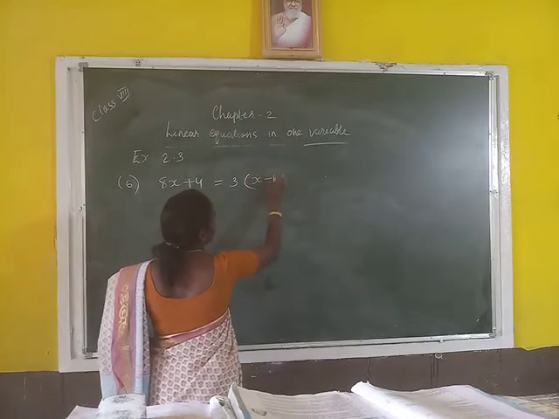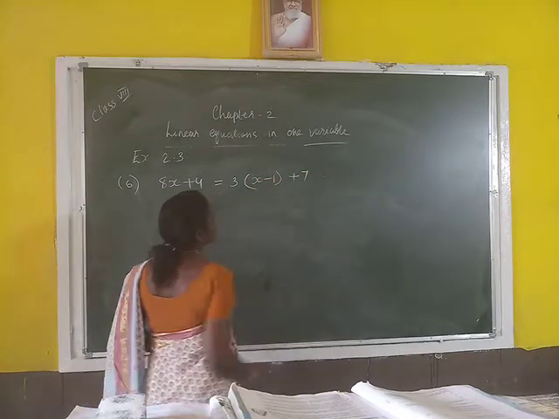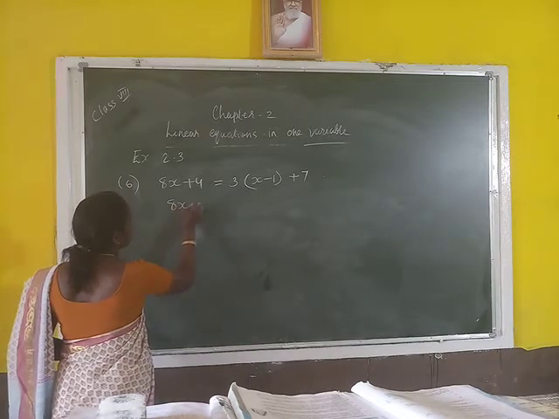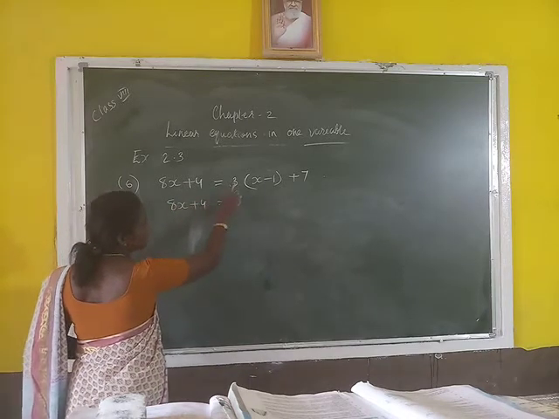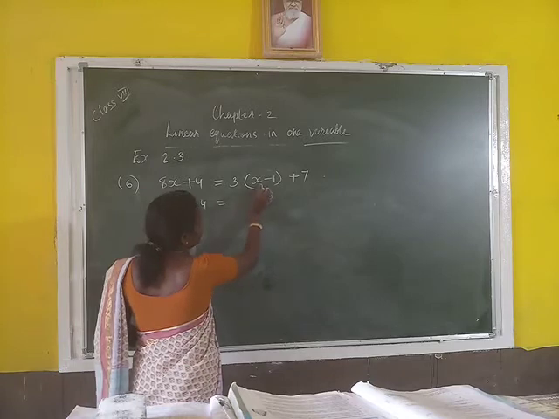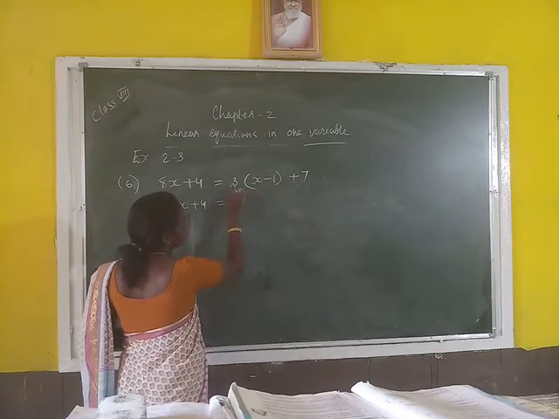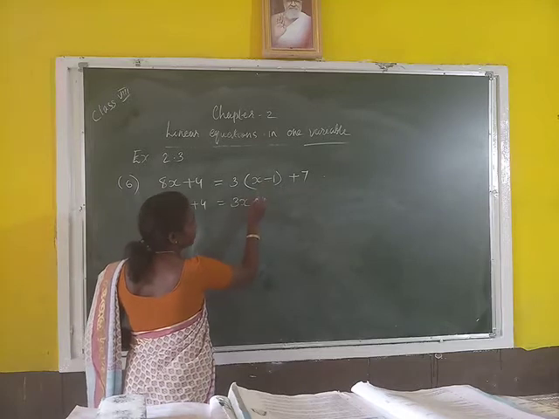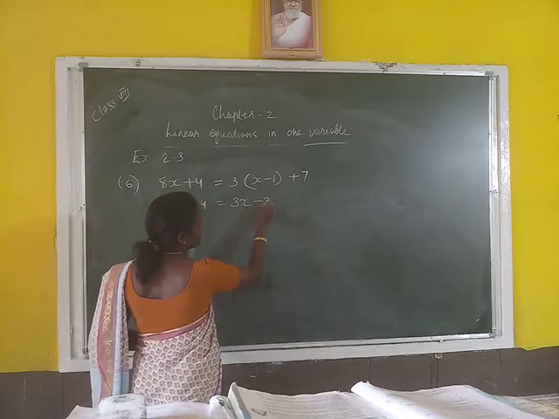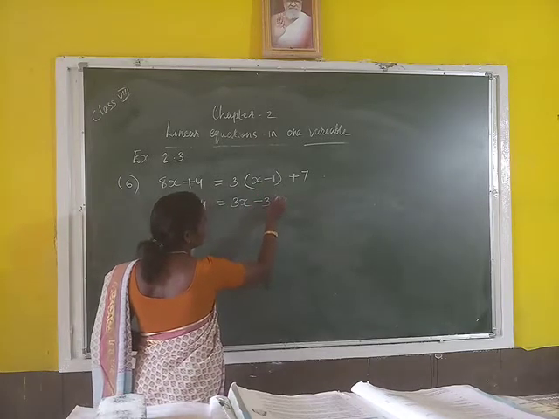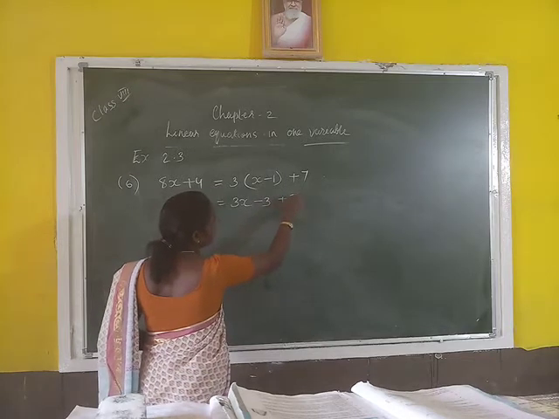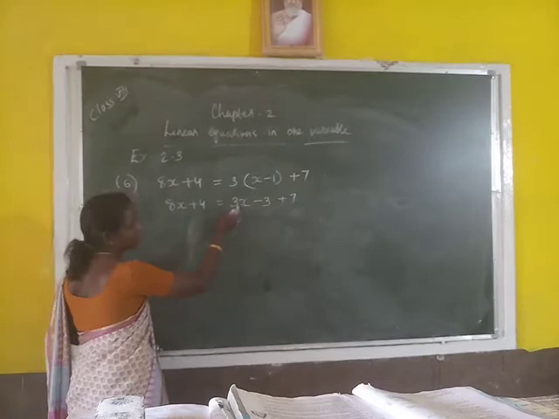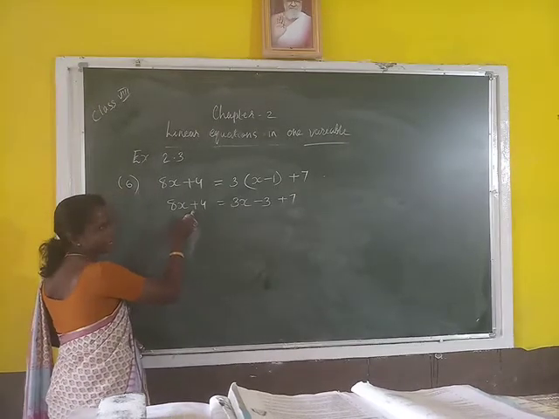Then first we can solve this bracket. 3 into x is 3x, 3 into negative 1 means minus 3. Then plus 7. Then next, this variable goes to which side?